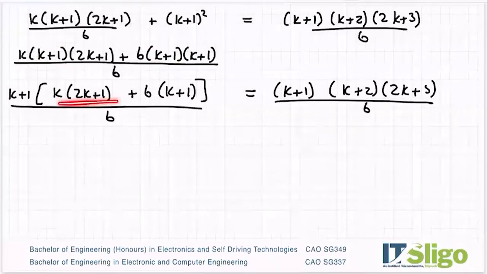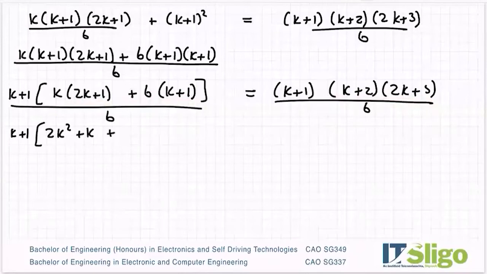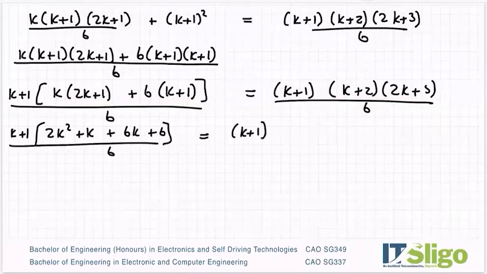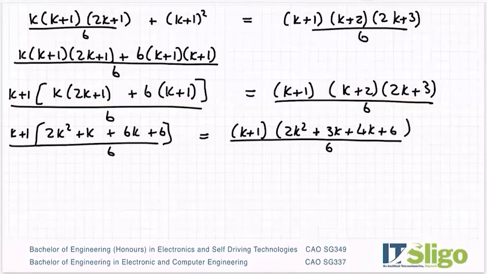Okay, so let's try that. Let's see where we get. I have 2k squared plus k plus 6k plus 6 equal to k plus 1 times 2k squared plus 3k plus 4k plus 6 all over 6.